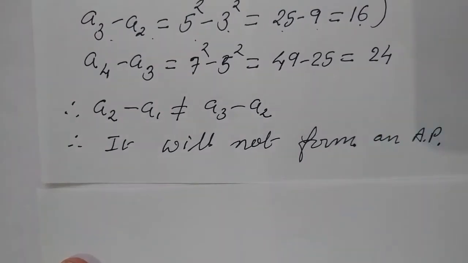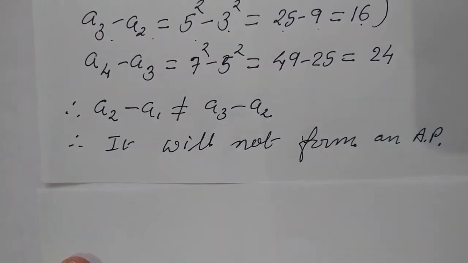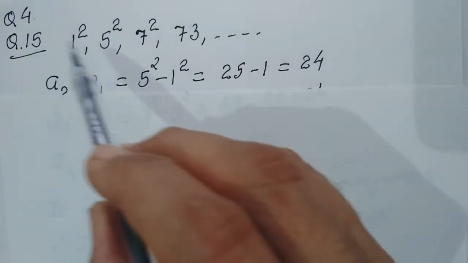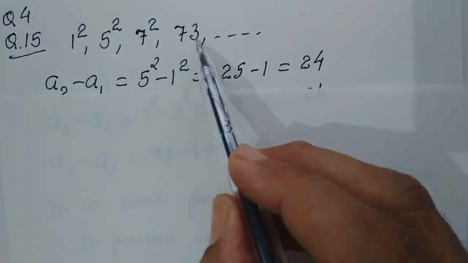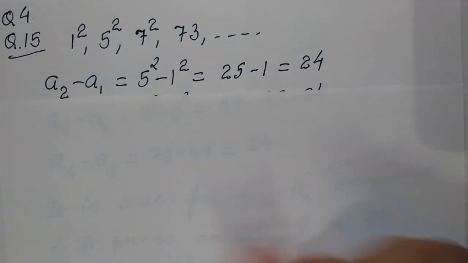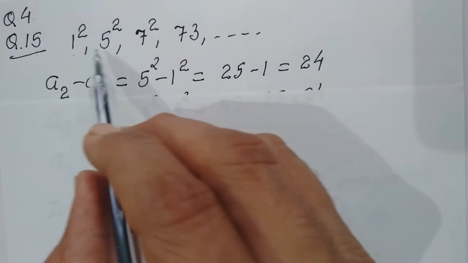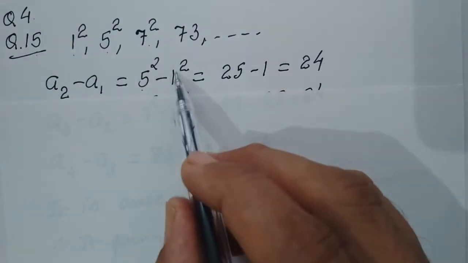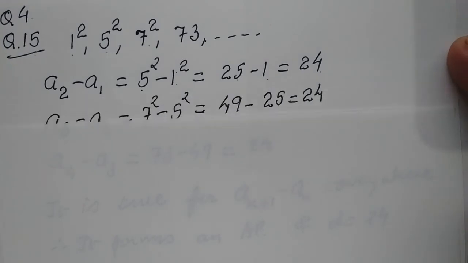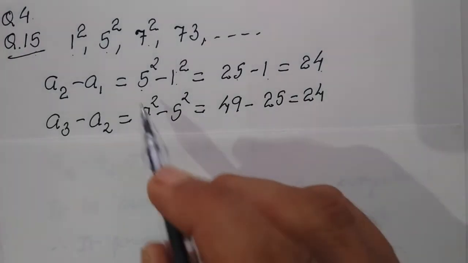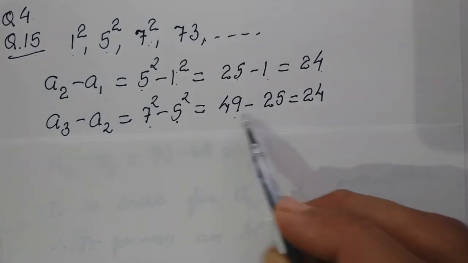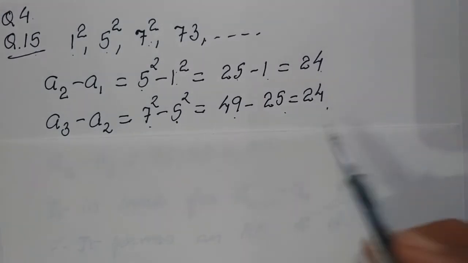Okay, very easy children. Next sum. Question number 4. In that, the 15th sum, this is a list of numbers. A2 minus A1 is equal to what? This is A1, A2, A3, A4. 5 square minus 1 square, 25 minus 1, 24. Next one, A3 minus A2, 7 square minus 5 square, 7 square is 49 minus 25, 24.